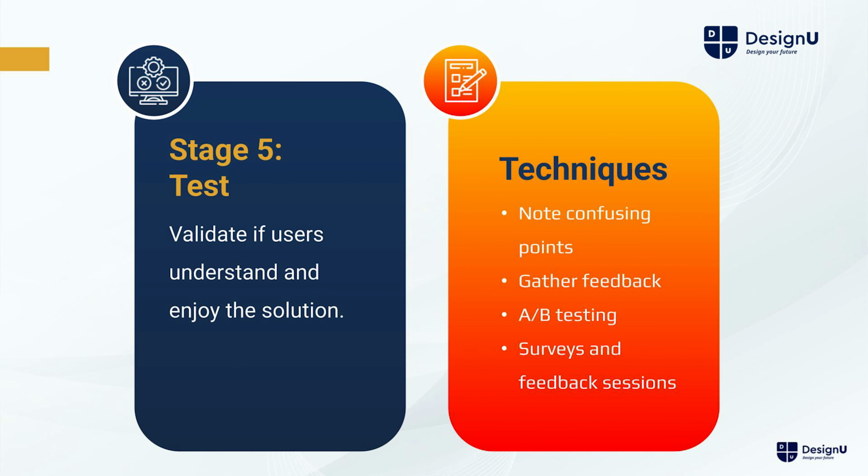You have to validate: does this solution that you have created actually solve the user's needs? And do the users enjoy and understand the solution that you have created for them? Now, what techniques do you use to test? You use A/B testing, you use survey and feedback sessions, you go into user environments to gather feedback, and you note confusing points. That's how you test.